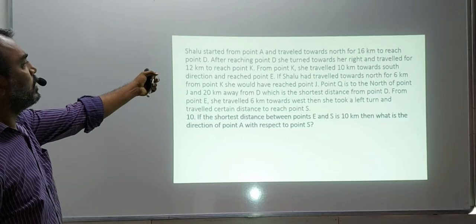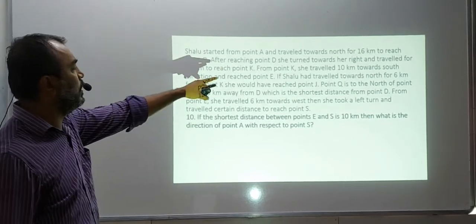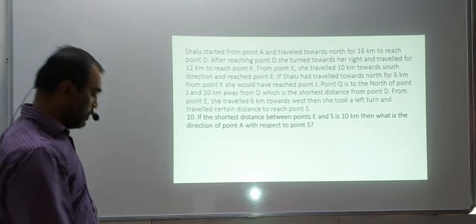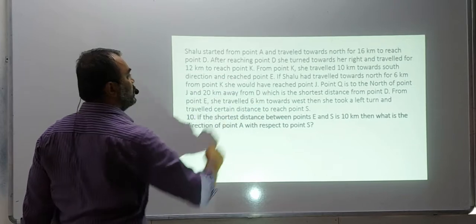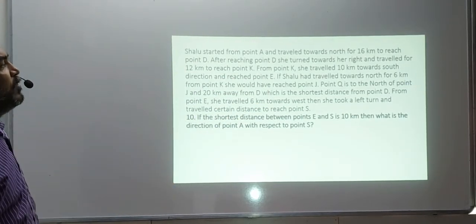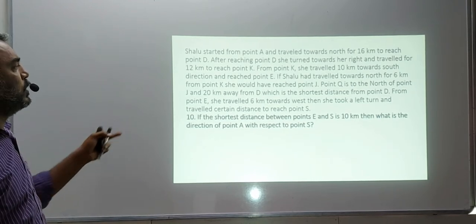Now, they are telling Shalu moved from A to D. After D, she moved to K. From K, she traveled to E. Now, from here you can see the data is slightly changing. The condition: if Shalu had traveled towards north, then she would have reached point J. So here you have to take a jump.